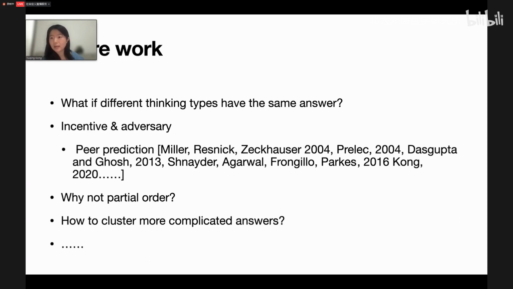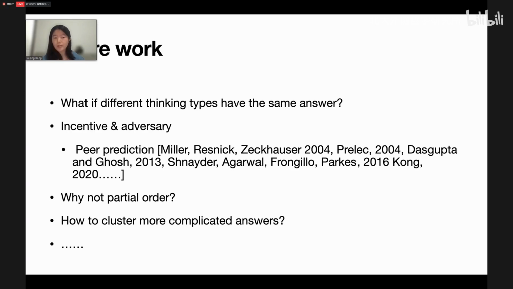It is not like the math problem, where we can easily classify because, for example, 0.5 equals half. They are just different representations of the same answer, so it's very easy to run the algorithm automatically there. But for opinion questions, it is a little bit tricky.